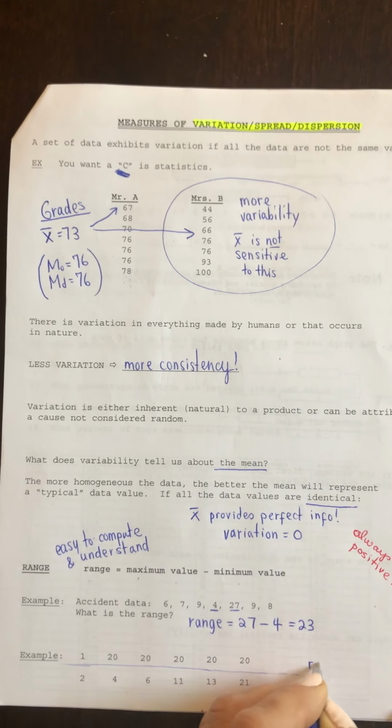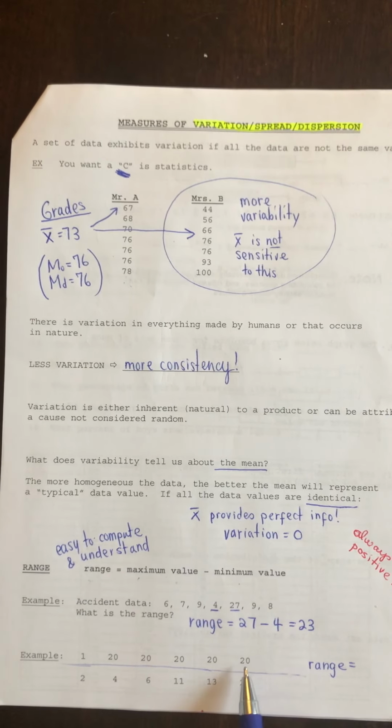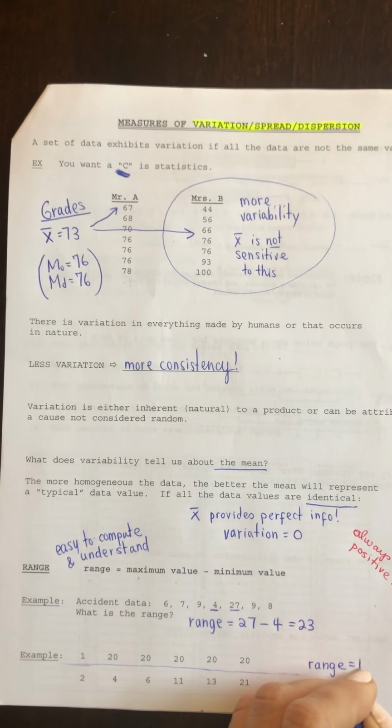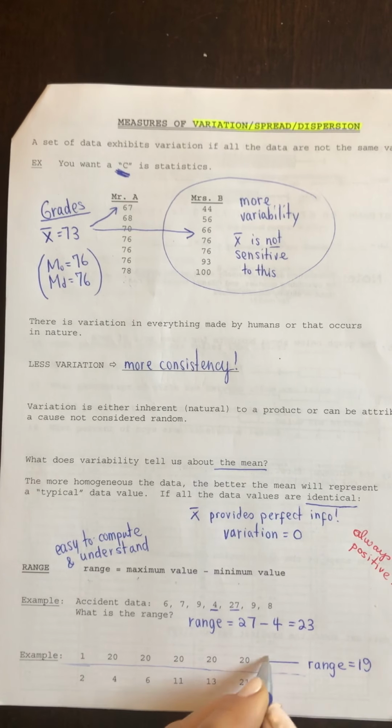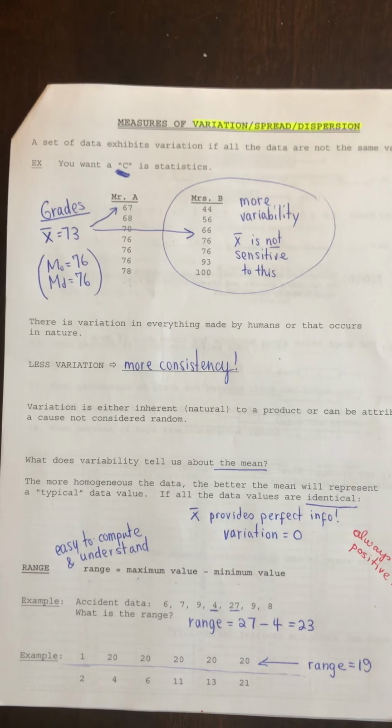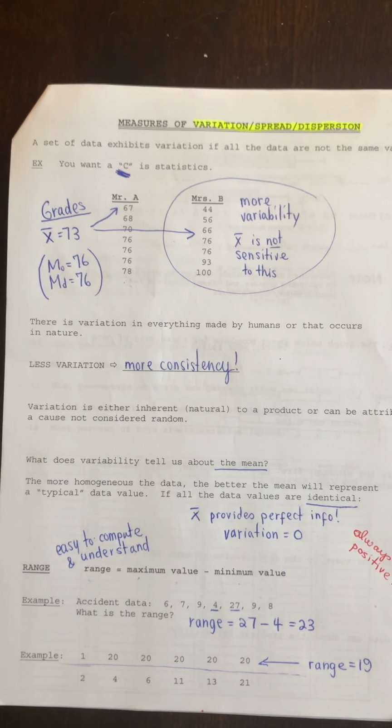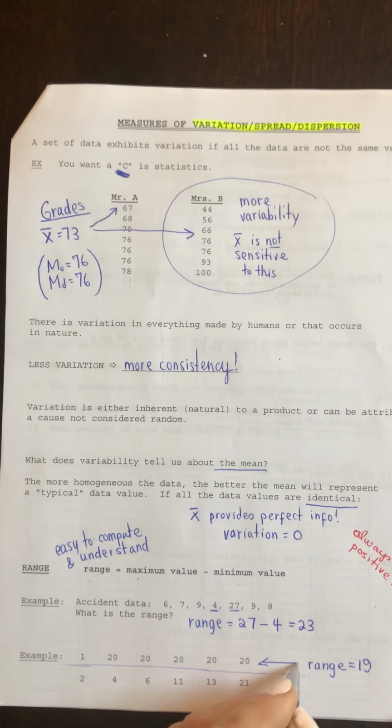What I'd like to do is find the range for this top data set. And as you can see, you can probably do that in your head. It would be 20 minus 1, which is 19 for this data set. Now let's find the range for the bottom data set here, and you'll find that it's also equal to 19.